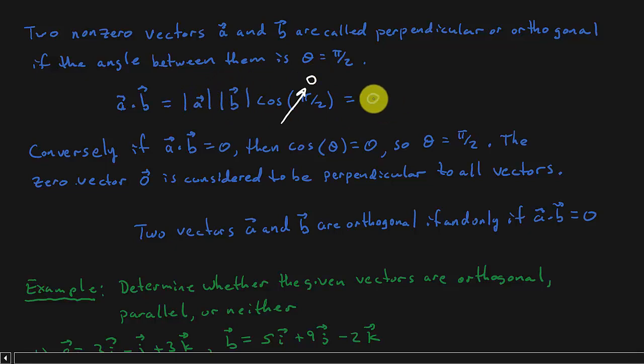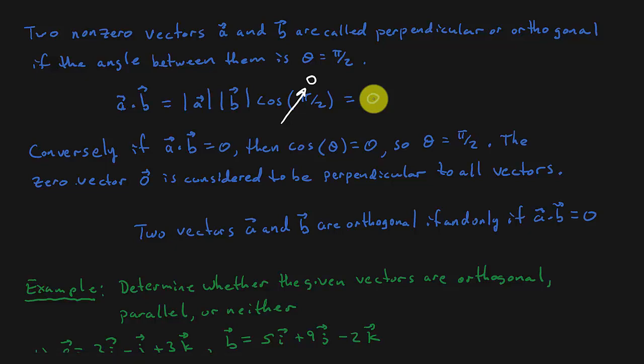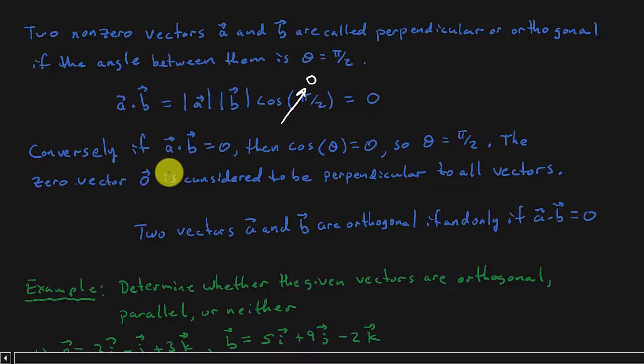So that tells us if the dot product of two vectors is 0, then those two vectors are orthogonal. And conversely, if A dot B is 0, then cosine theta is equal to 0, so theta is equal to pi over 2.